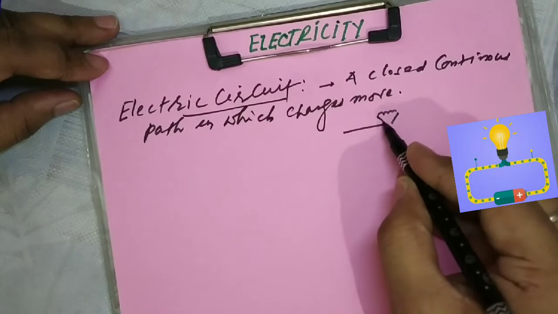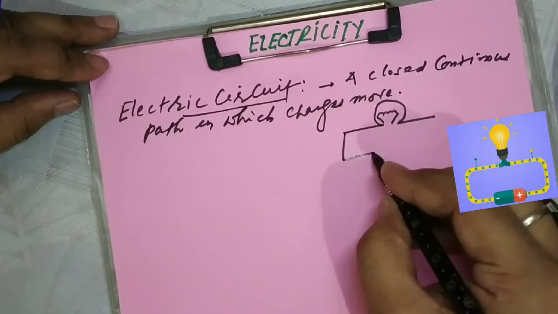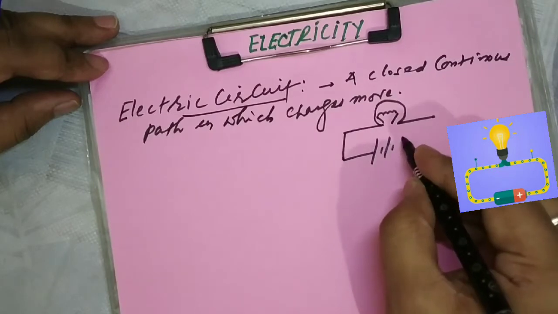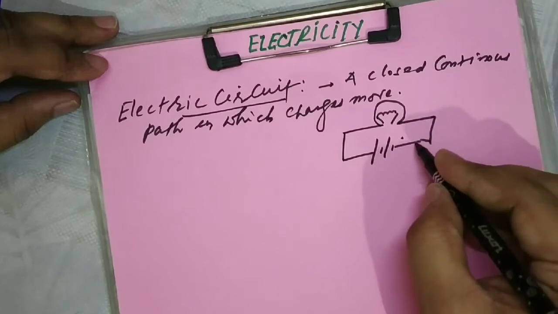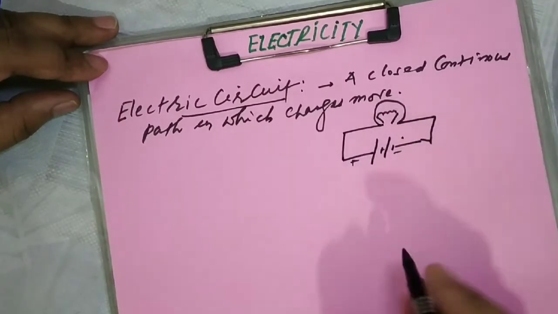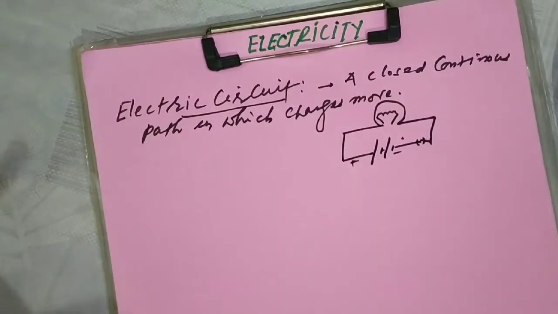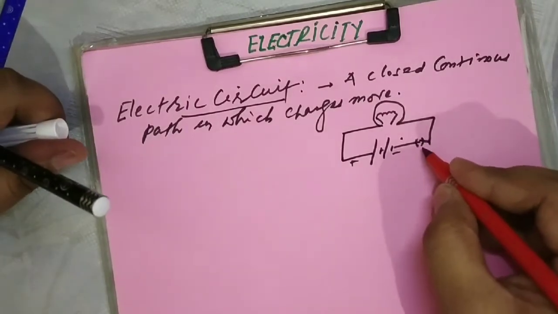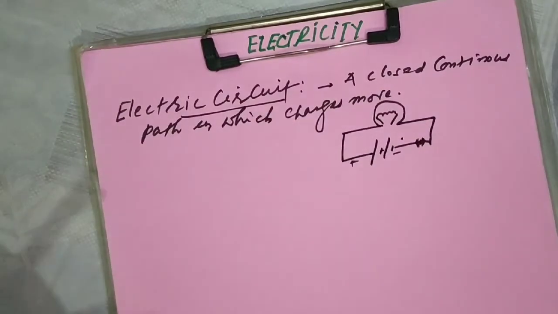we have a lamp connected with the plus and minus terminals. Suppose that here is a switch. When we turn on the switch, what actually happens?